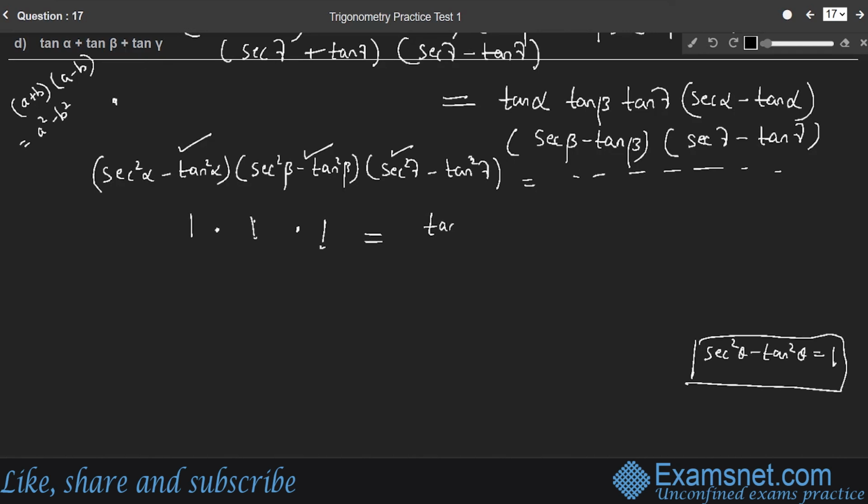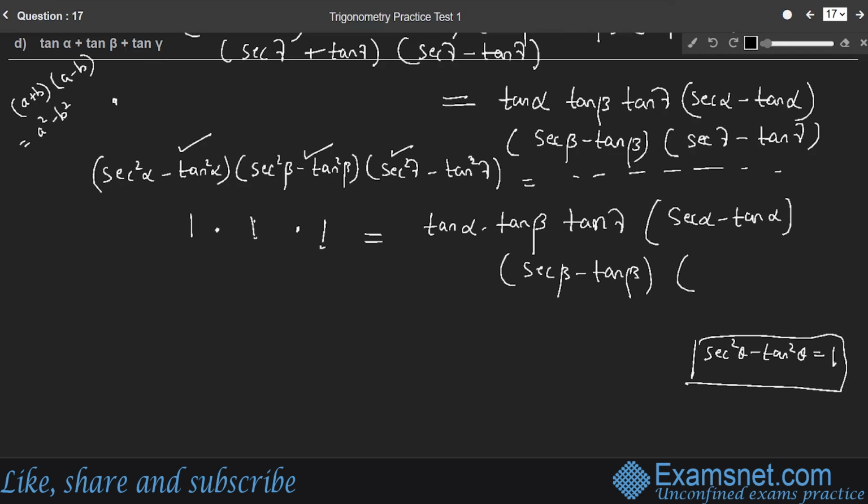So RHS is tan alpha into tan beta into tan gamma into secant alpha minus tan alpha into secant beta minus tan beta into secant gamma minus tan gamma.